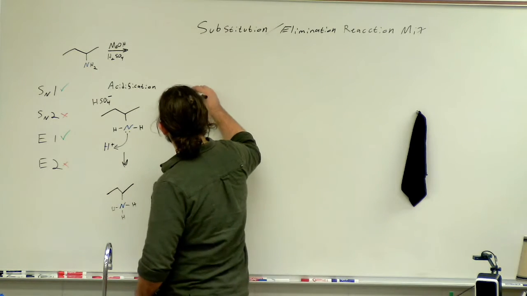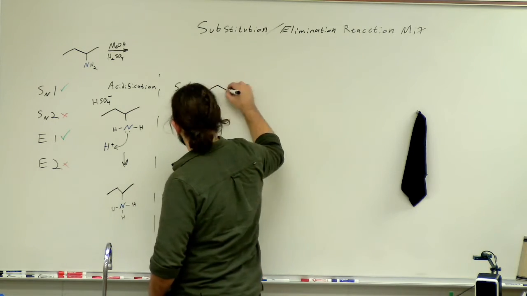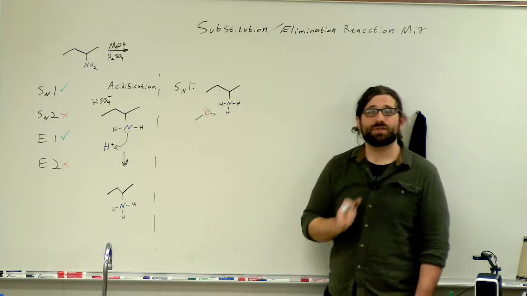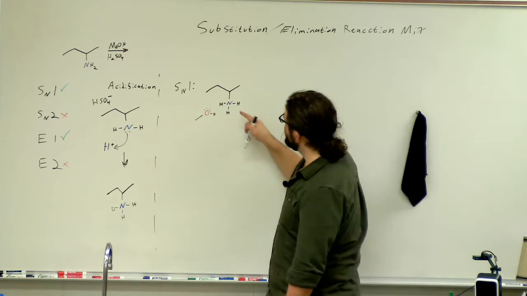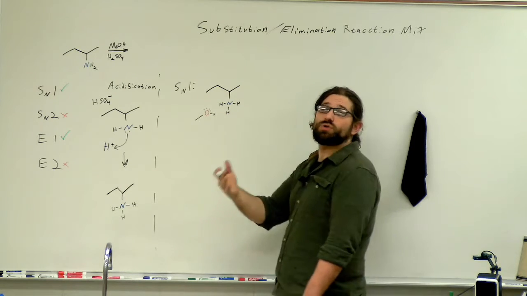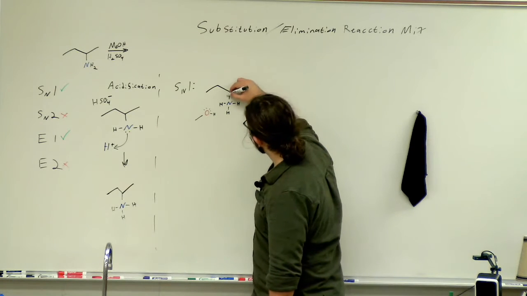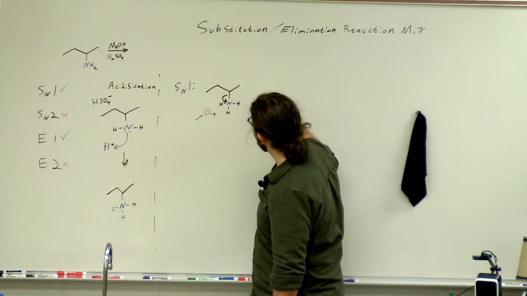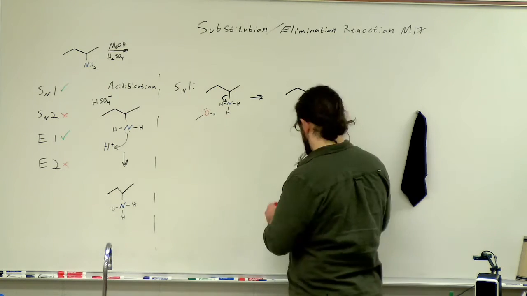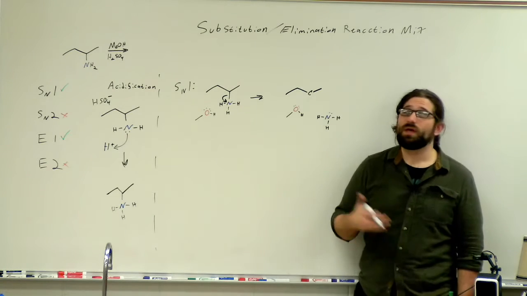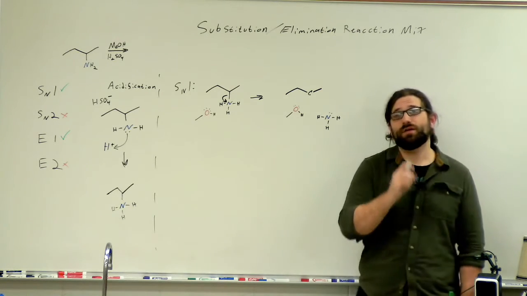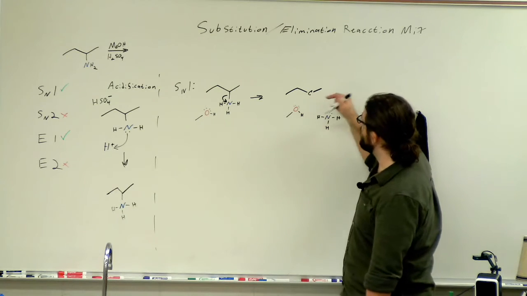Let's start with the Sn1 up here. First thing that happens in the Sn1 reaction is this amine group, really ammonia, is going to leave. So it's going to take this bond and it's going to go. Now, the normally weak base methanol is going to be very attracted to this carbocation.